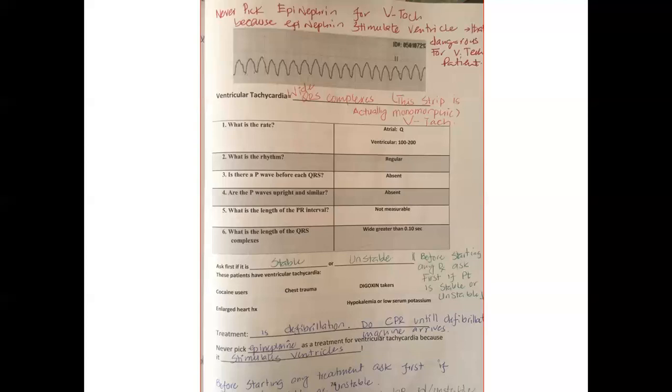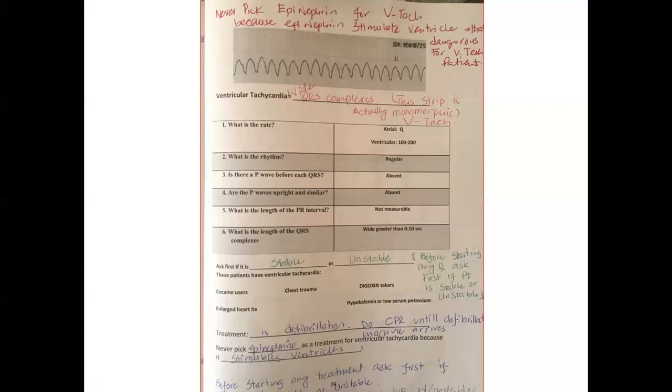So first we ask if it is stable or unstable. If the patient's strip looks like this with ventricular tachycardia, is it stable or unstable? Keep in mind, before starting any medication, we find out whether the patient is stable or unstable.